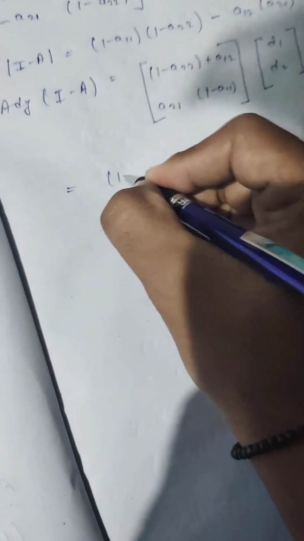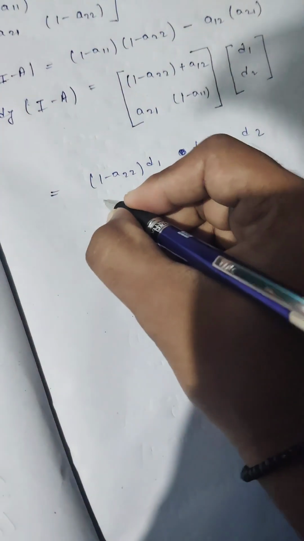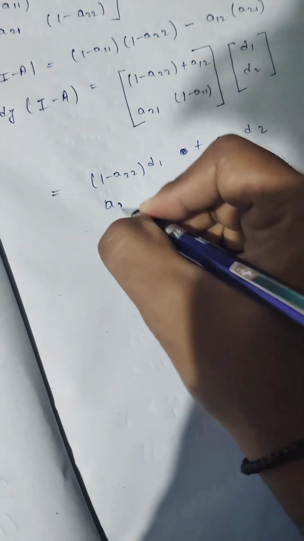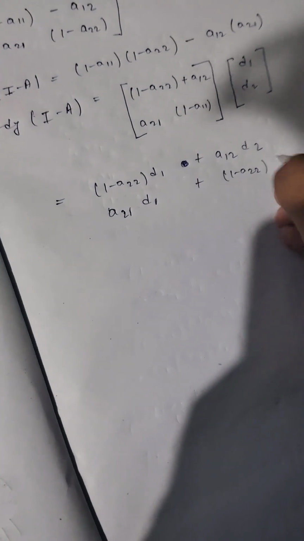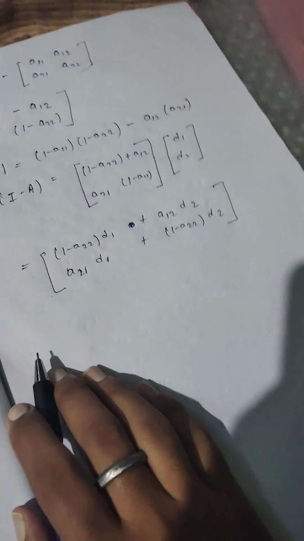Now we will multiply this with the constant matrix, which is d1 and d2. So we will have (1 minus a22) d1 plus a12 d2, and a21 d1 plus (1 minus a22) d2. Now after we have multiplied, we will divide it by the determinant.